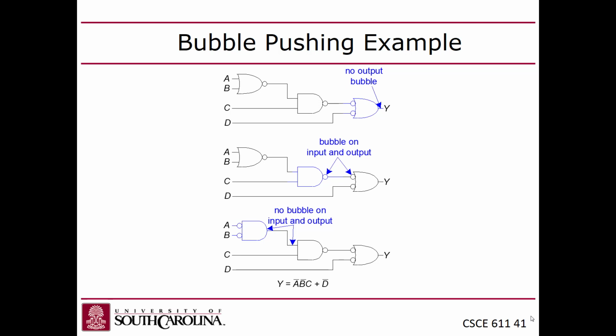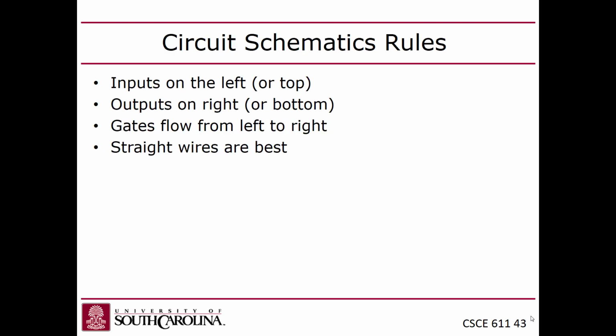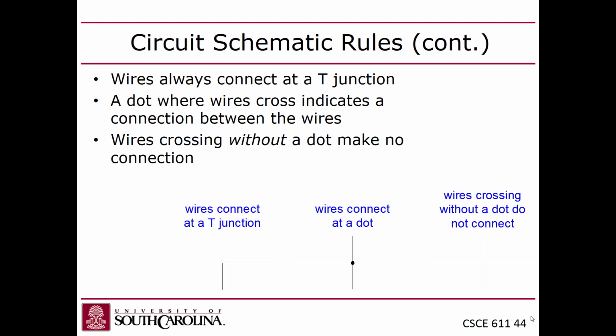All right. So later on in the semester, we're going to be looking at a lot of circuit diagrams, circuit schematics. So far we've looked at a lot of Boolean expressions and truth tables, but as time goes on, we're going to be transitioning more into looking at circuit schematics.